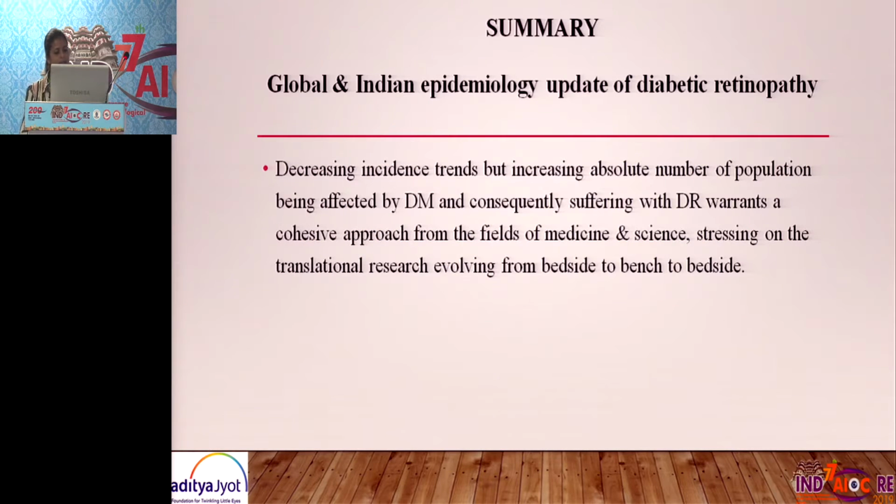Just to summarize, the decreasing incidence trends but increasing absolute number of the population being affected by diabetes mellitus and consequently suffering with diabetic retinopathy warrants a cohesive approach from the field of medicine and science, stressing on the translational research evolving from bedside to bench to bedside.